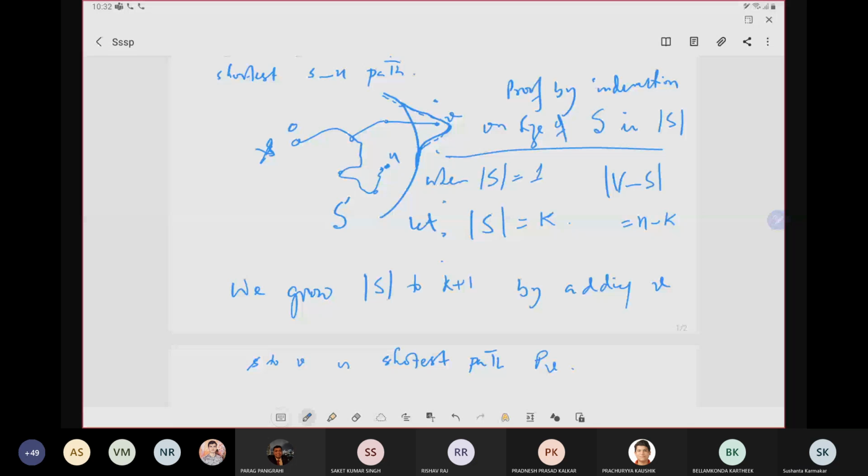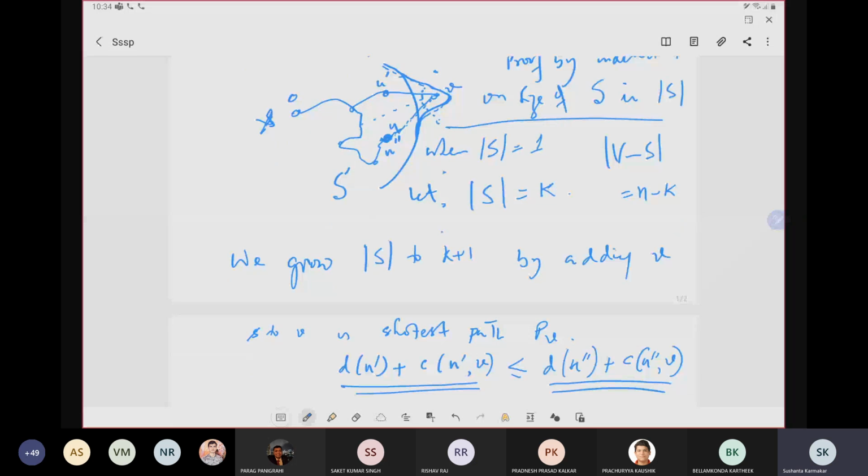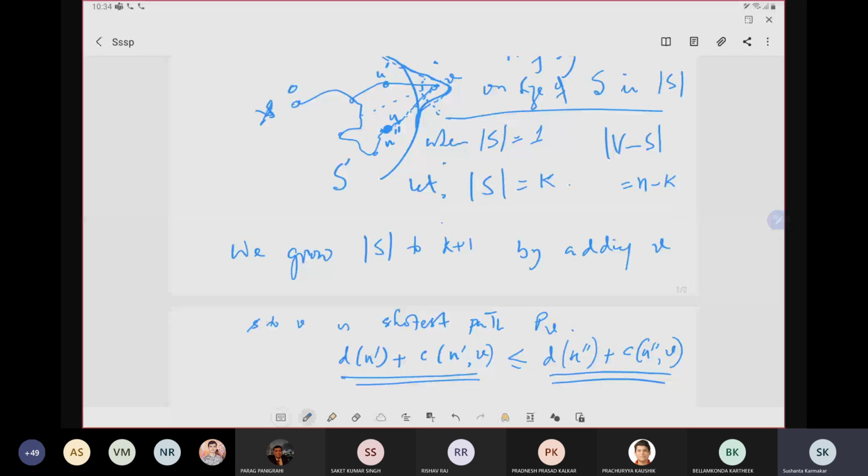If U double prime had resulted in a better path, it would have been the other way around, and due to the priority queue mechanism, I would have extracted this U double prime.